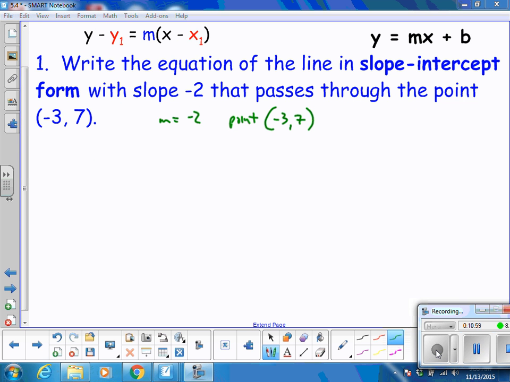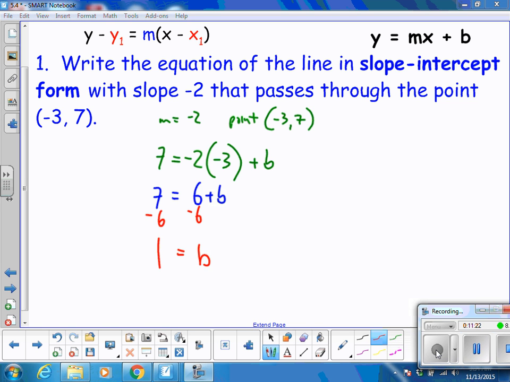All right, I'm going to work this out with you real quick. Since I know my slope, I can use the points. So I'm going to use 7. Here's my y equals my slope times my x coordinate plus b, which I'm trying to solve for. Simplify a little bit. 6 plus b. Subtract 6 from both sides. I'm finding that b equals 1.